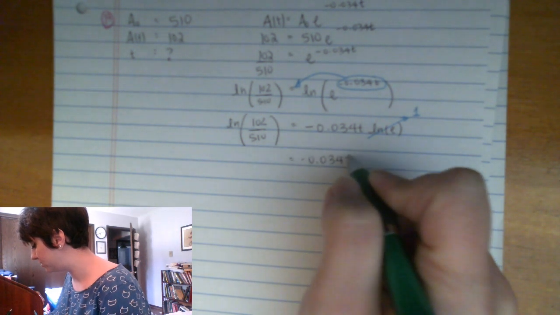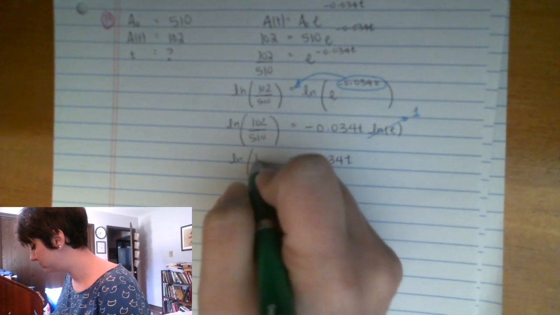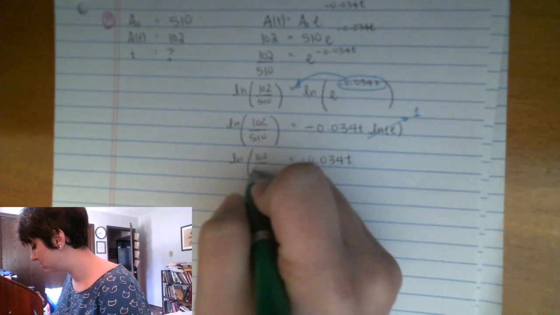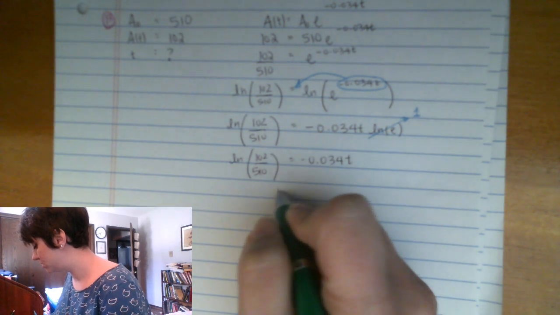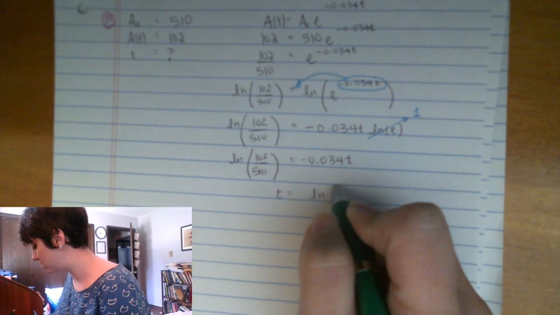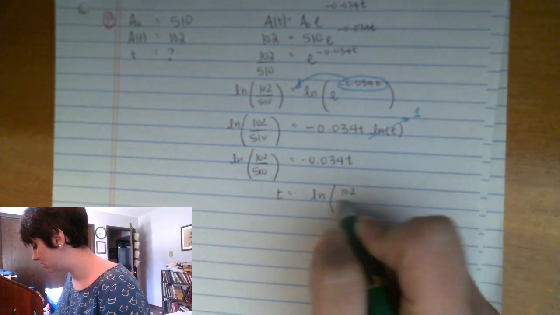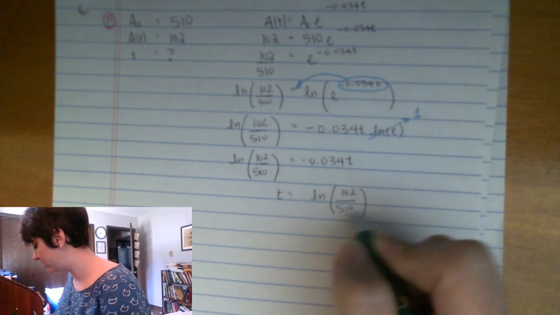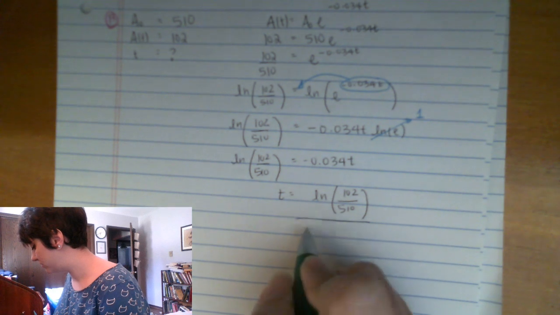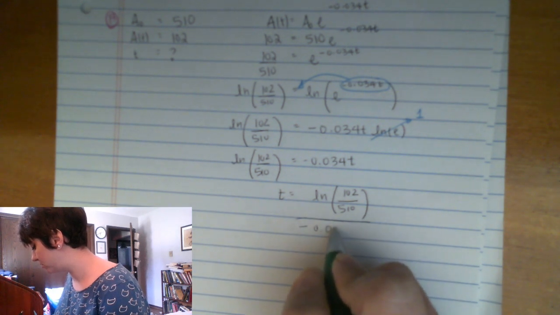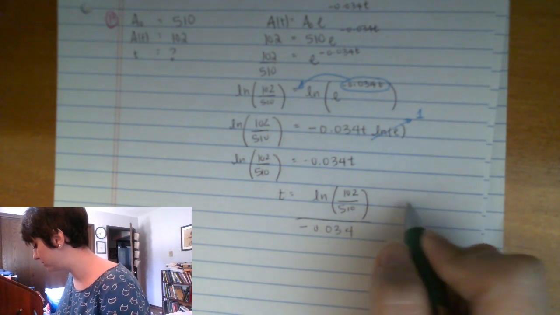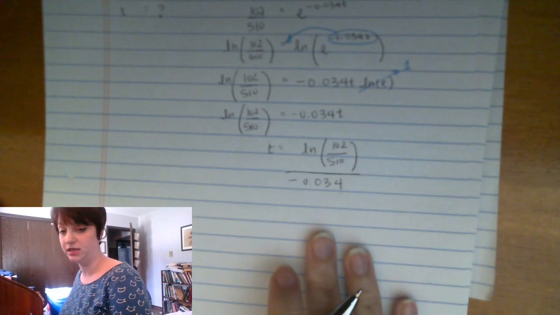And this is linear. So t is the natural log of 102 divided by 510, divided by negative 0.034. So that's my exact answer.